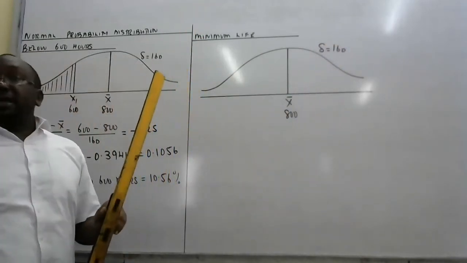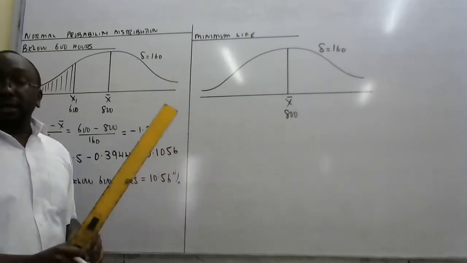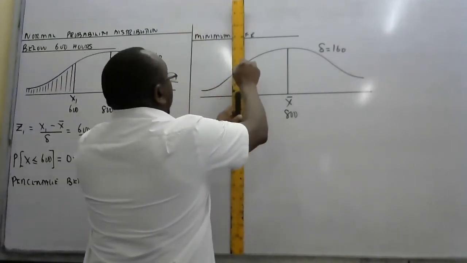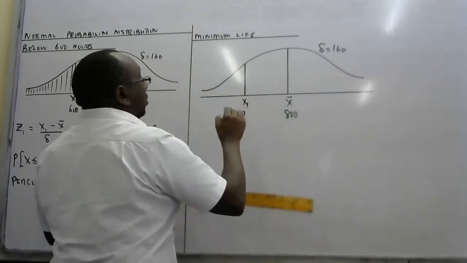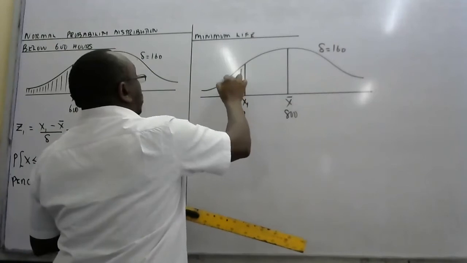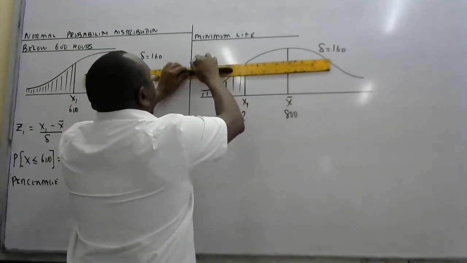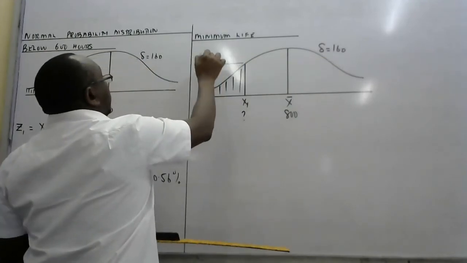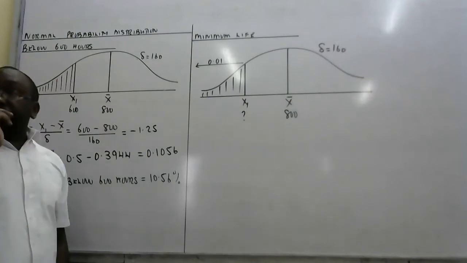Now, for us to replace the ones that do not hit the minimum, they must be on the lower side. So we will come here and say that this X1 is the one we do not know, but we are told that the one we want to replace must be just 1%. So if it is 1%, that must be 0.01.